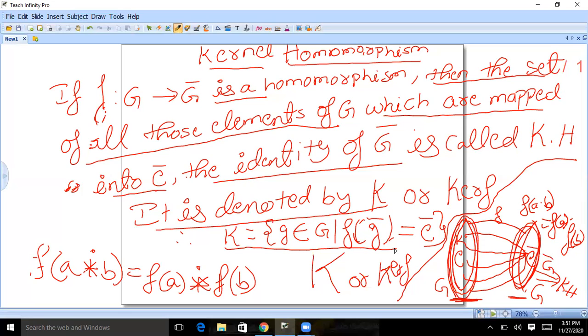So next we shall see two theorems of the kernel of homomorphism. On the next page we shall see the theorems of the kernel of homomorphism.